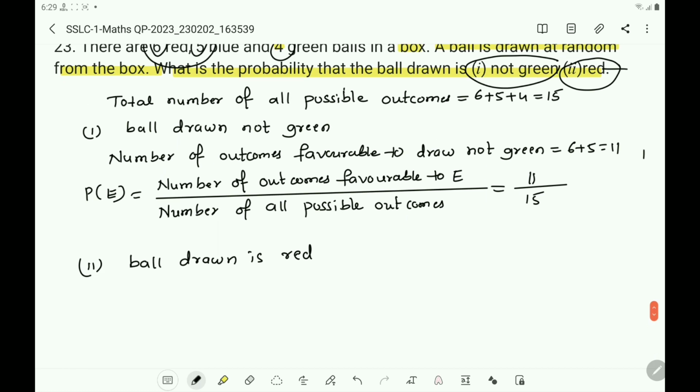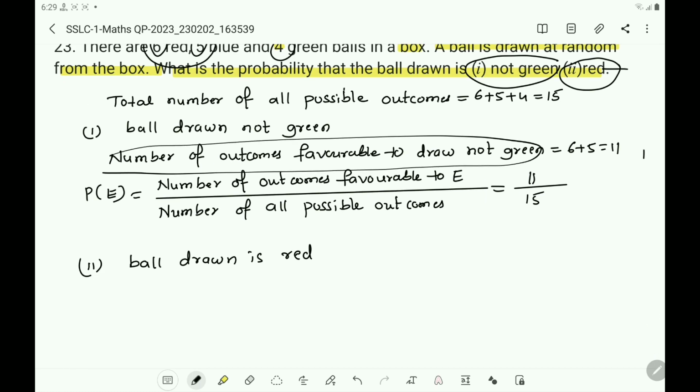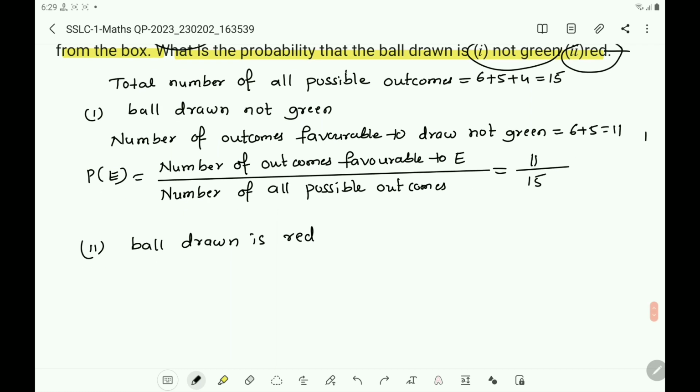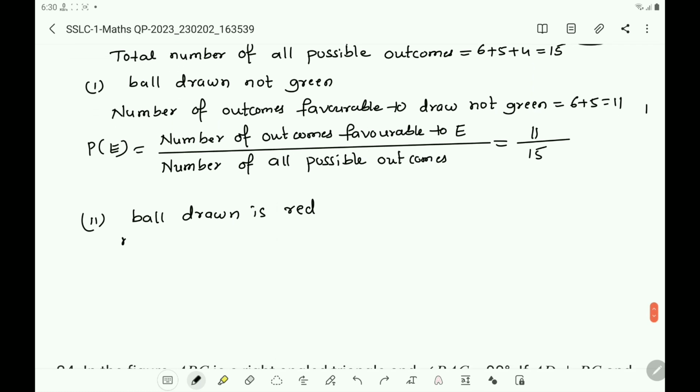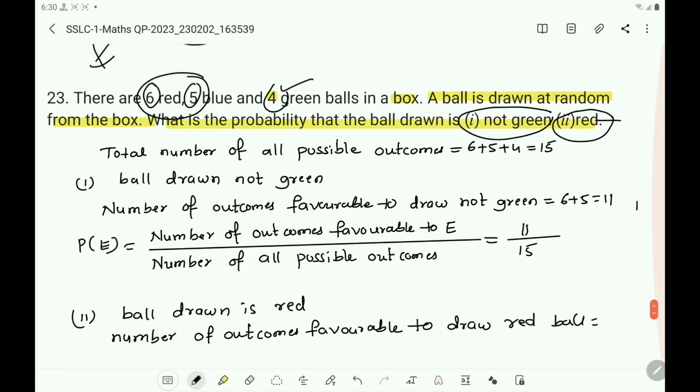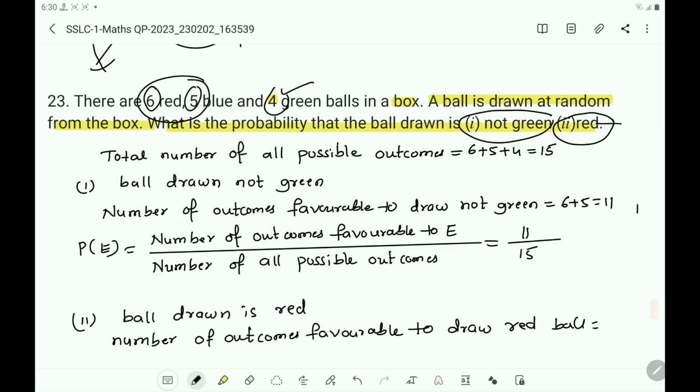Then again same thing you write, number of outcomes favorable to draw red ball. How many red balls are there? There are 6 red balls. So you write 6 here.